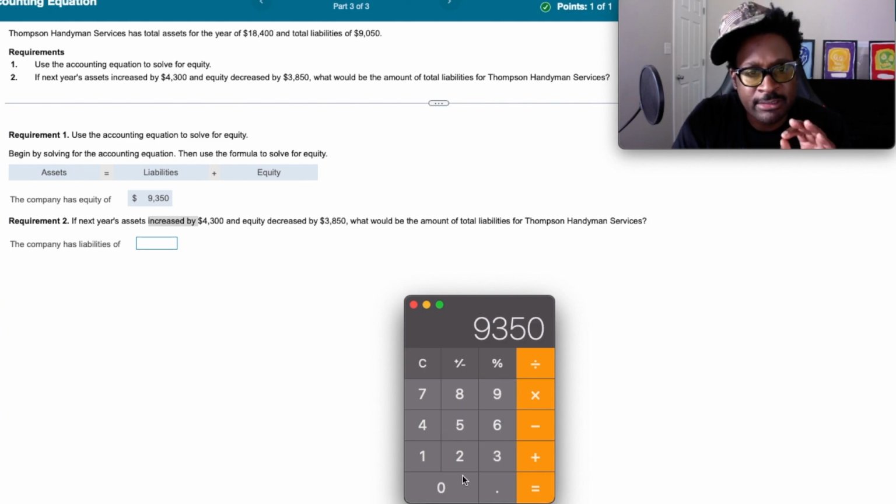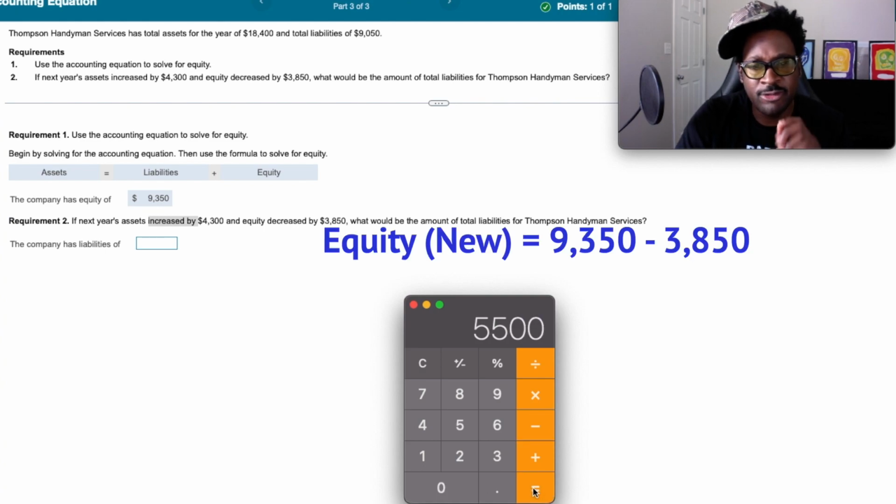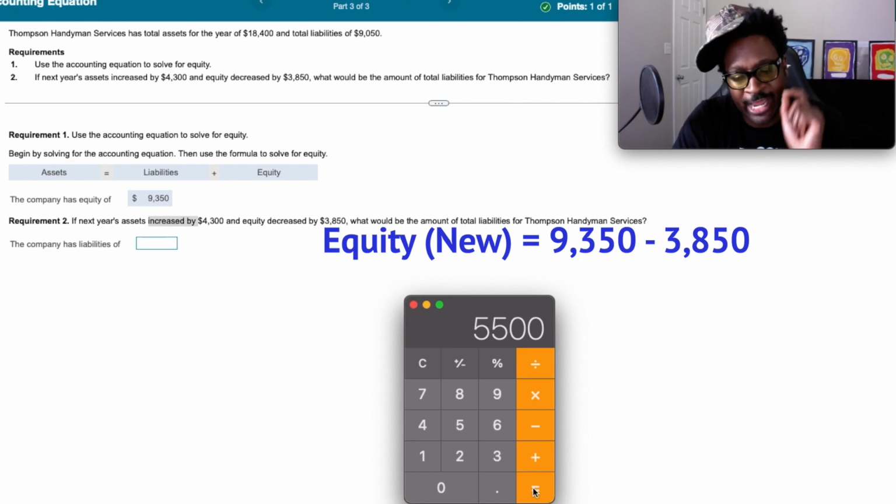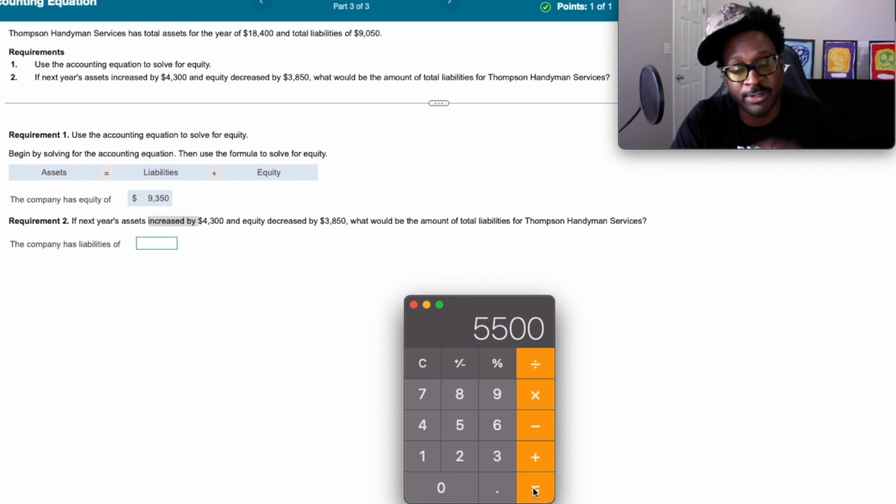So we just calculated our equity, and our equity was $9,350, but it told us that our equity went down by $3,850, so we need to subtract that. So our new equity balance is $5,500. So now that we have a total assets of $22,700 and a total equity of $5,500, we can simply subtract the two to calculate our new liabilities.